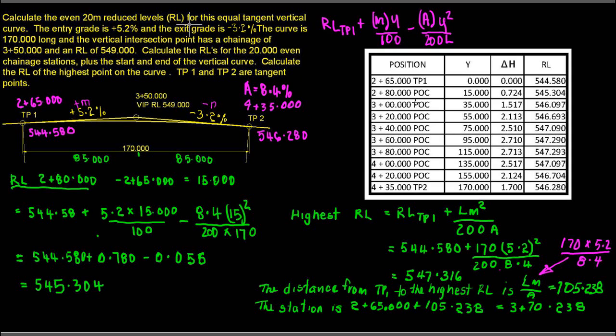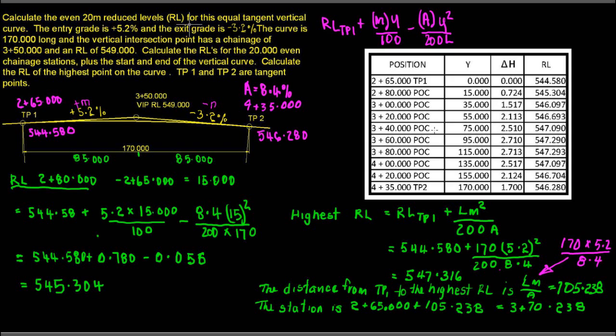I went through every 20 meters till I came to the end of the curve at 4 plus 35, a further 15 meters on, which was 170 along the curve, and we get good agreement with our level. So there are our values in a neat spreadsheet, although that does not preclude you from working out individual solutions with your calculator.